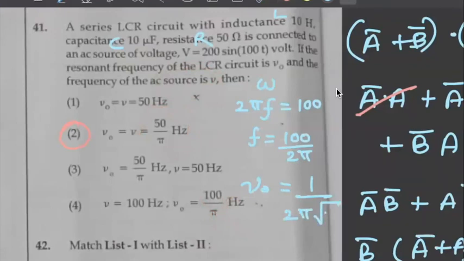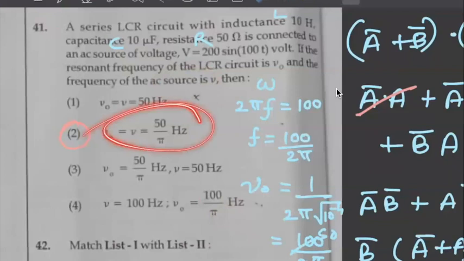Root of 10 into 10 micro. So micro is minus 6 plus 1 is minus 5. So 10 into 10 to the minus 5, that will give me 10 to the minus 4. Its root is minus 2, upar gaya to plus 2, by 2 pi. So again that is 50 by pi, and that's matching with this one. So yes, they both are 50 by pi.